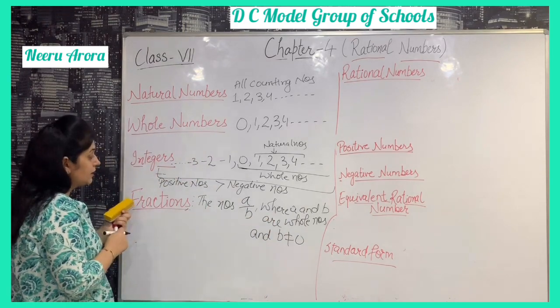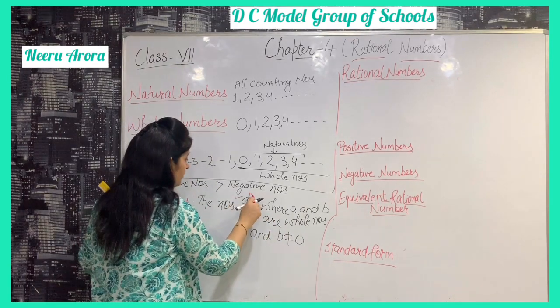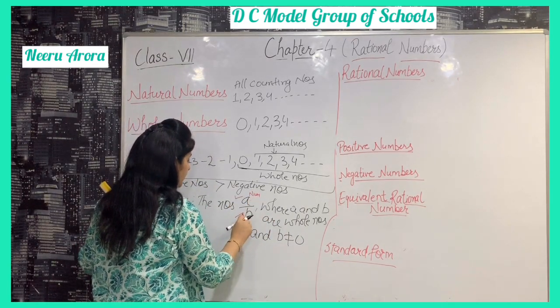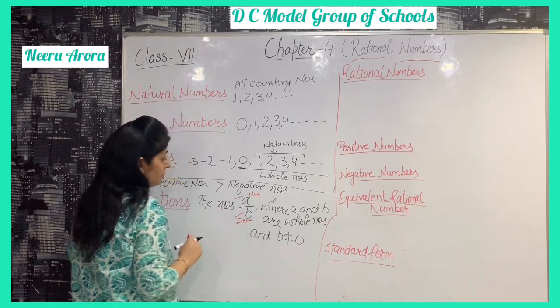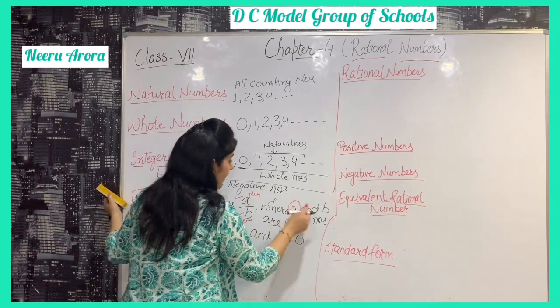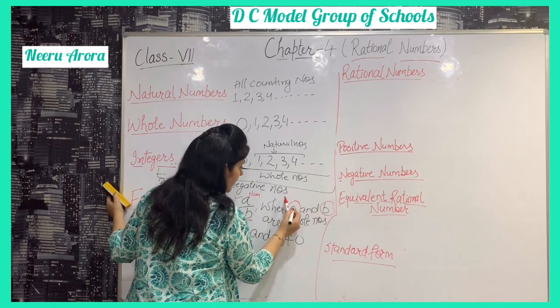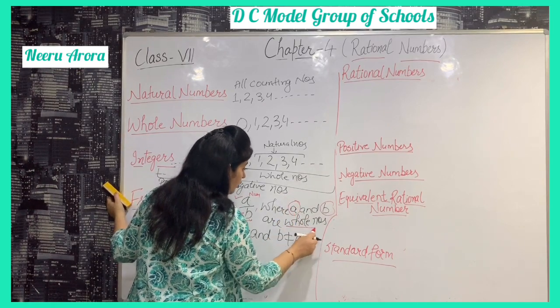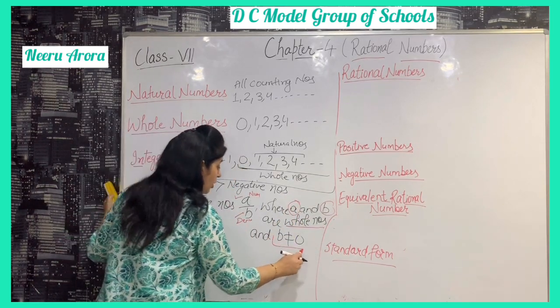Now this A is the numerator, B is the denominator. B not equal to 0.